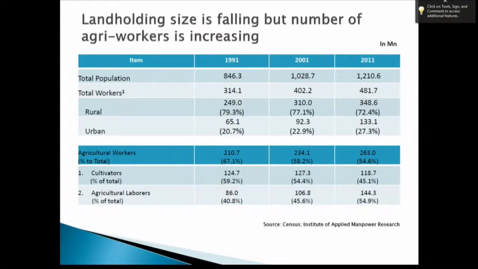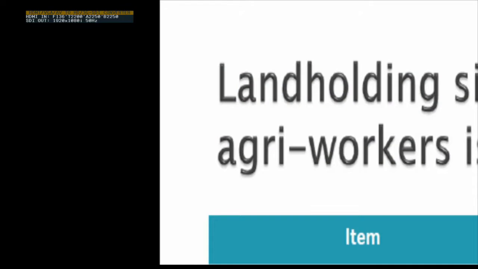So let me run through first this slide that says our population, and because it's every 10 years, you can see the columns that say 91, 2001, and 2011. So the population has gone up from 846 million to about 1.2 billion. Total workers have gone up from 314 million to 482 million.